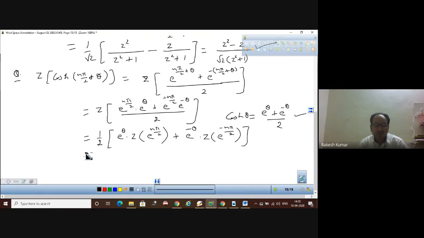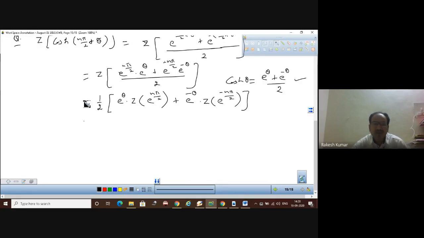So we shall apply the damping rule together with the formula for computing the z transform of this function and the z transform of this function. The only difference is there is a positive sign and there is a negative sign. So remember, we know that the z transform of e raised to power n, this was the formula.